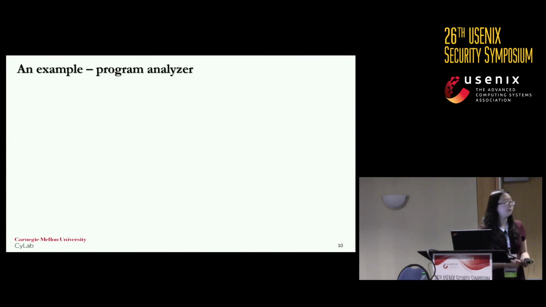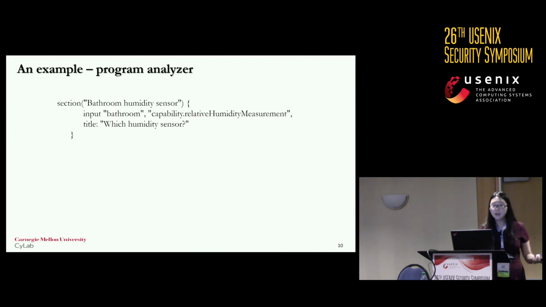So the first step will be to do program analysis over the source code of SmartAuth, of the smart home apps. Here I won't go into the details about the program analysis, but I do want to share the insights about how we can generate the context from the app. For example, this is a code snippet where the app asks a user to select which device they want to give it access to.